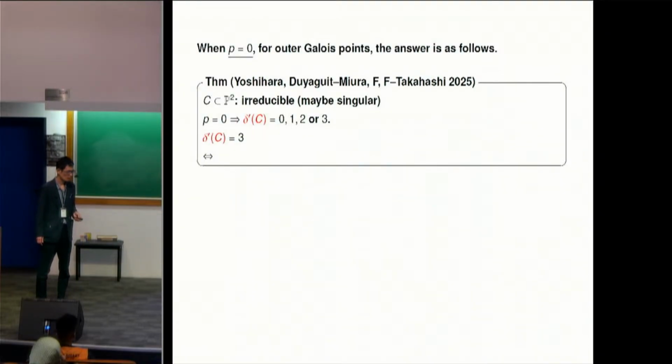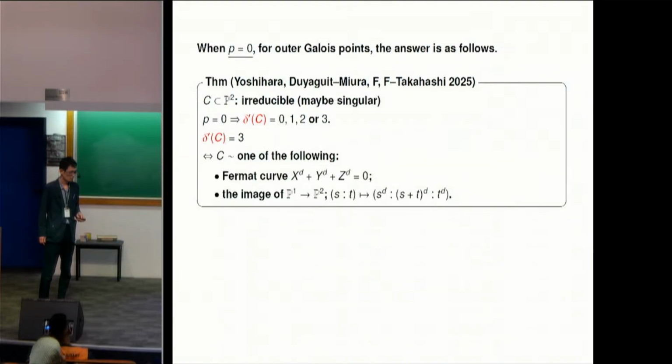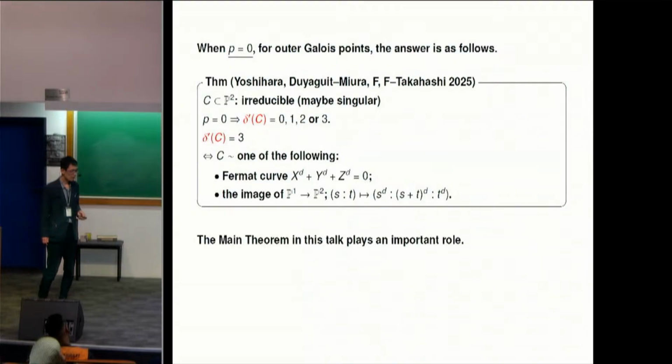The last case occurs if and only if C is projectively equivalent to one of the following two plane curves. One is the Fermat curve, and another is the image of the map from P^1 to P^2 given by s^d, s plus t^d, and t^d. The main theorem in this talk plays an important role in proving this theorem.